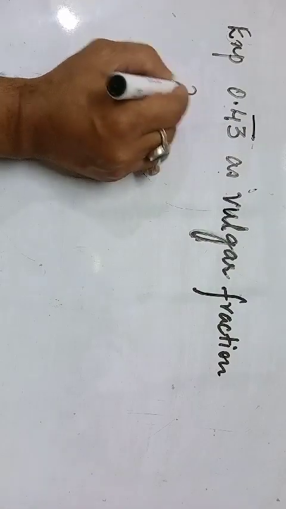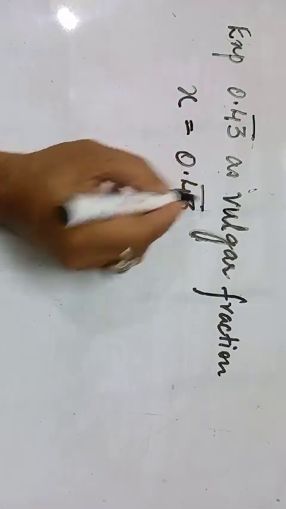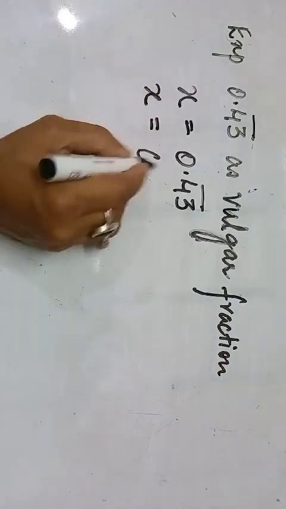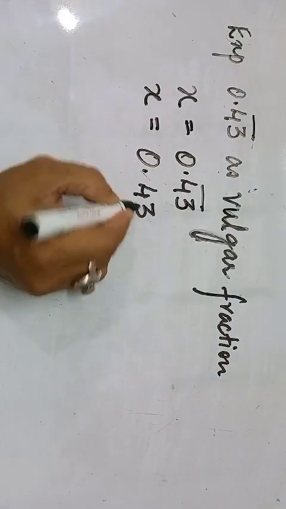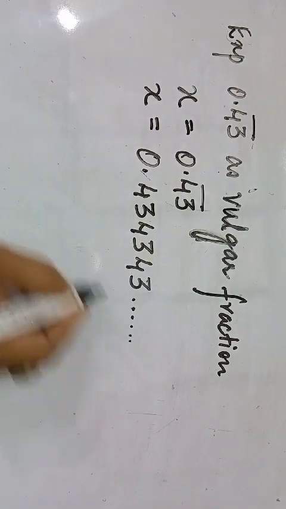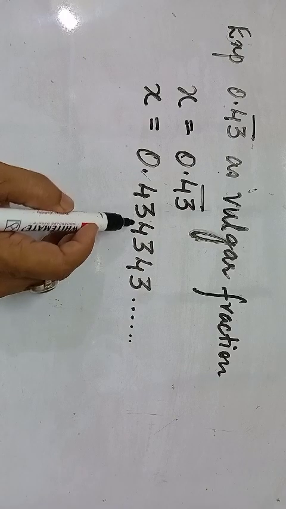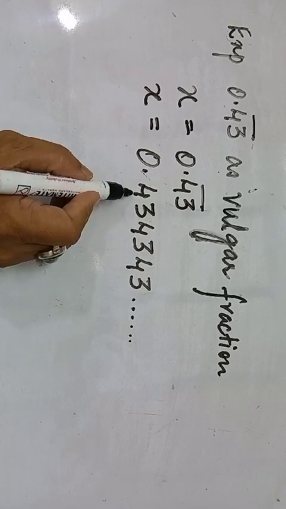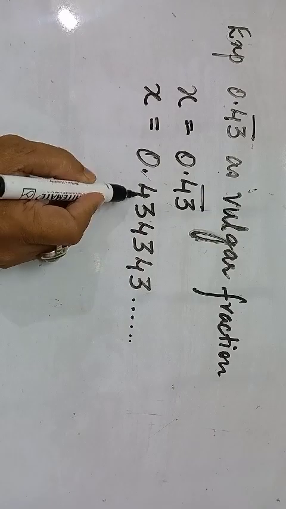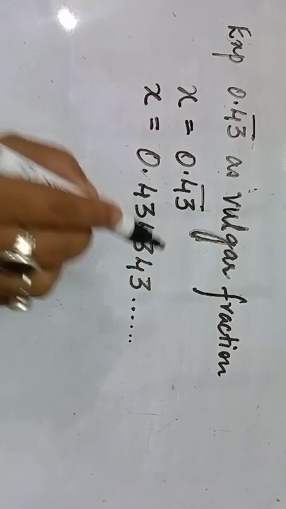So let us say that x is 0.43 bar, which means x is 0.434343 and so on. This time it's not a single digit after the decimal which is repeating. In fact, it is the combination of both these digits which keep repeating, 43 43 43 and so on, because the bar is on 43.